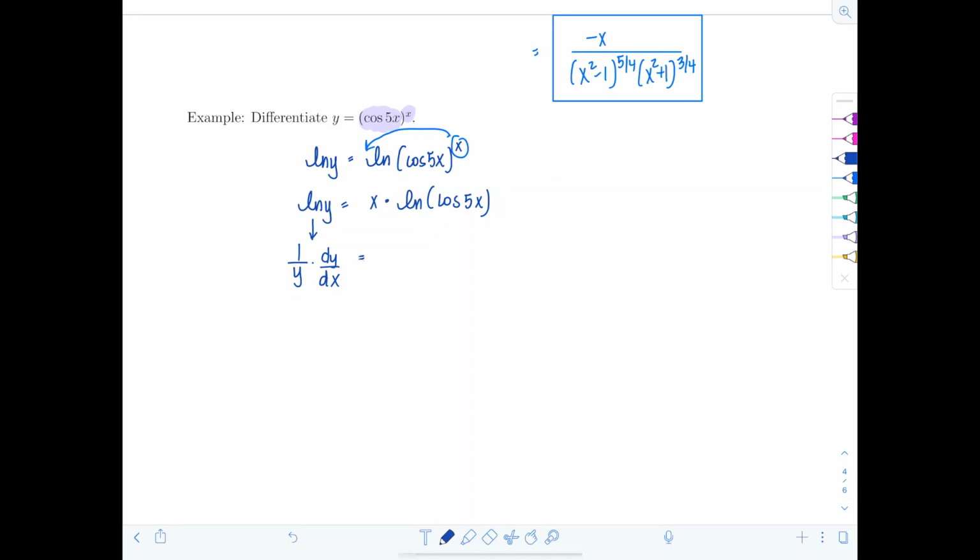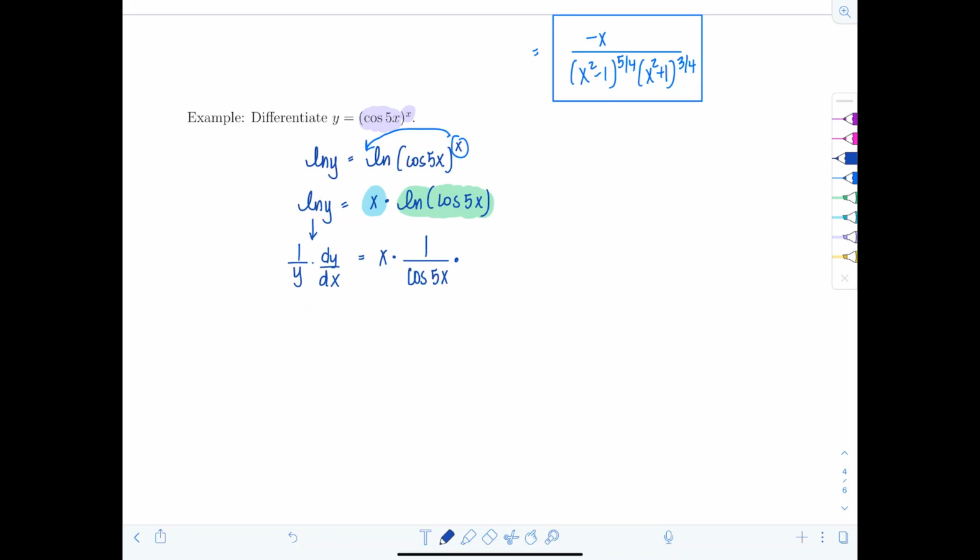Now on the right-hand side, we've got to use the product rule, because I have x, that's one function, times ln of cosine 5x, that's the other function. Okay, product rule time. So let's leave x alone, take the derivative of natural log of cosine 5x. So it's going to be 1 over whatever's in the parentheses, cosine 5x.